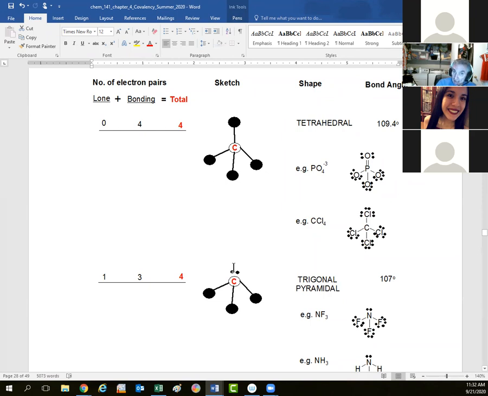That's because they're getting as far away from each other as possible. But now, with that lone pair at the top, there isn't anything physically connected at the top there. So it's a little bit like the tetrahedron with the top sawn off or truncated off.